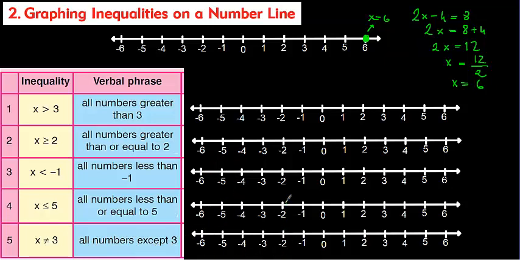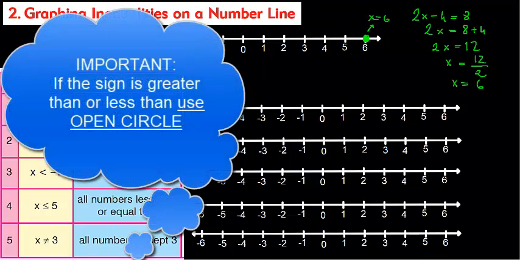Here what we are going to do is notate, like we are doing in an equation, how to notate x is greater than 3. Firstly, we are finding the point 3 on the number line, and here this is the point 3. If the sign is greater than or less than, we are going to use an open circle for the point.